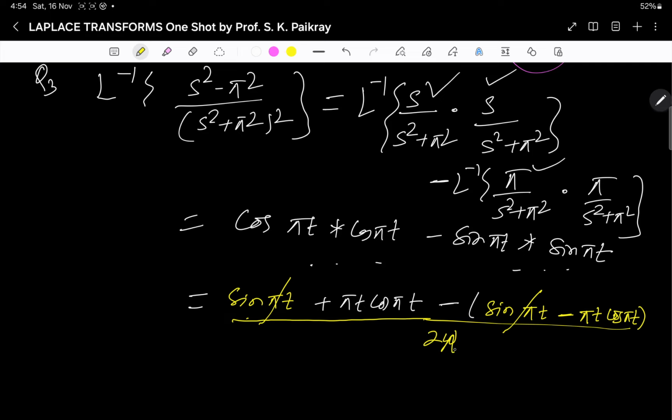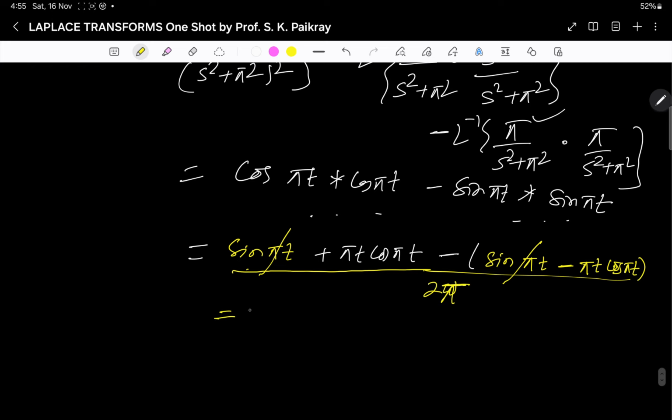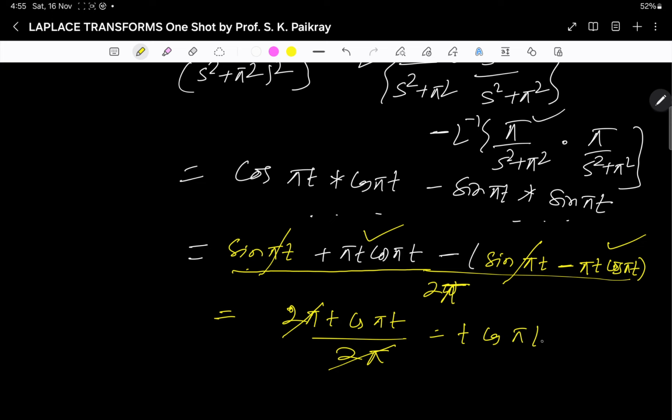So this is divided by 2 omega, which means 2 pi. So this will be equal to pi t cos pi t by 2 pi. The 2 pi cancel, so this will be t cos pi t, is it not?